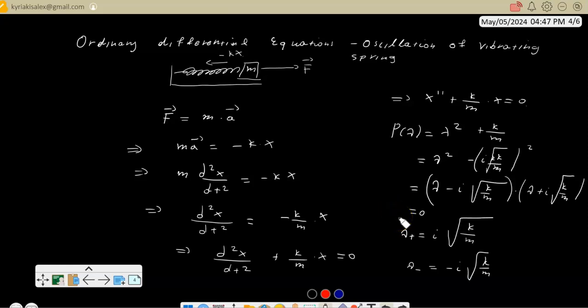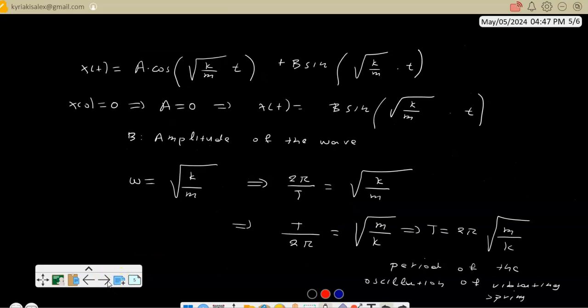We solve this ODE, and what we get is a wave function, where B is the amplitude of the oscillation and T given here is the period of the oscillation of the vibrating spring. It's a classical example from the topic of mechanics in physics.